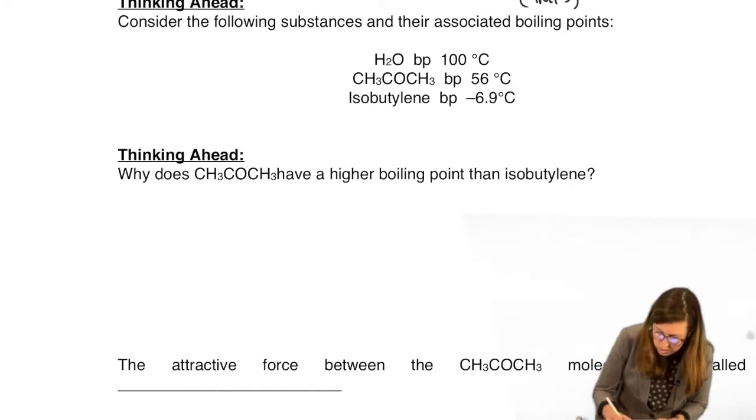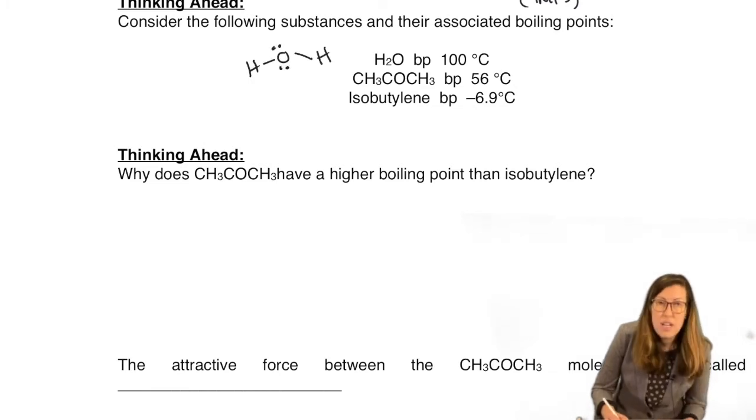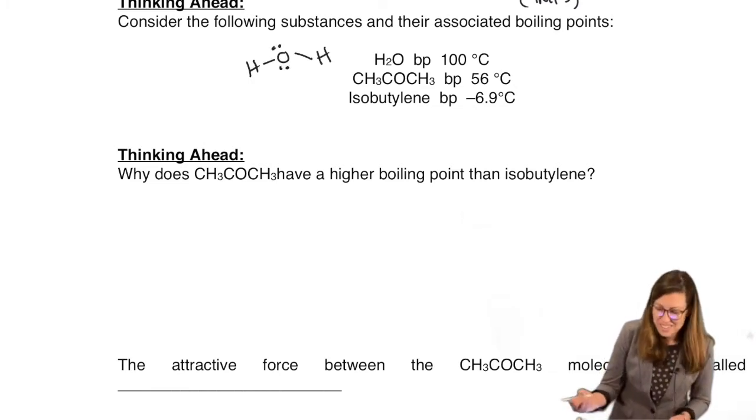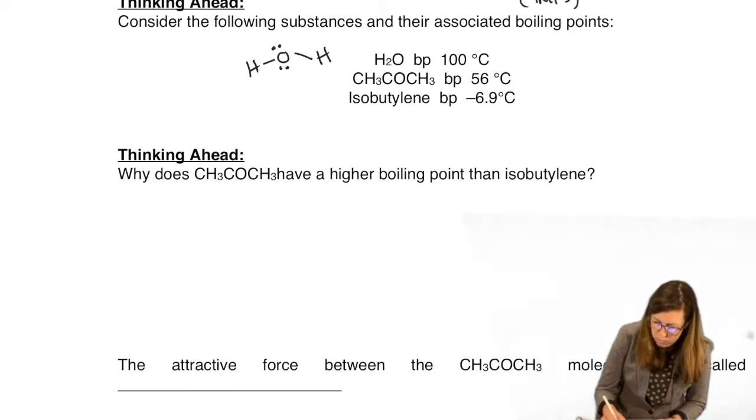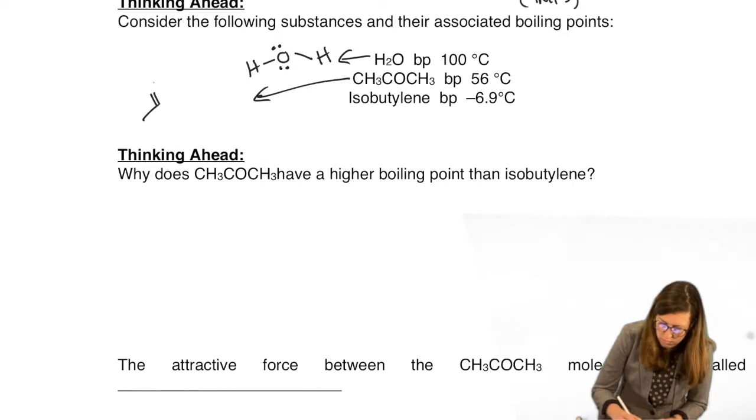So we'll look at water. Let's draw the Lewis structures, because structure is going to tell us the function, right? We know that. Water, CH3COCH3, that's the condensed structural formula for acetone, and isobutylene. So the iso group means this, and then we have 4 carbons total.